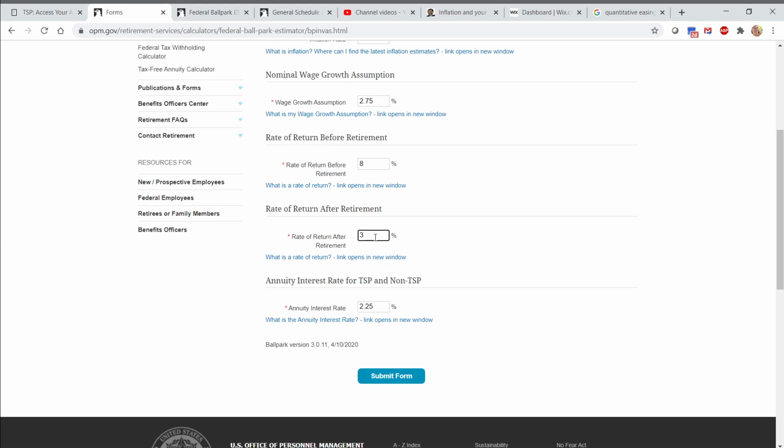Rate of return after retirement is assumed to be 3% or less according to TSP. That's because you'll probably be in a more conservative fund when you retire, thus making a lower return on your money.